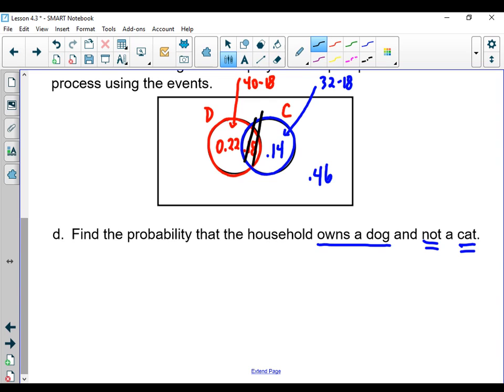So I'm going to wipe out the cat circle. And then I focus on the dog circle. Well, in that dog circle, all that's left would be 0.22. So by having the picture of the Venn diagram, I was able to find that probability fairly quickly.